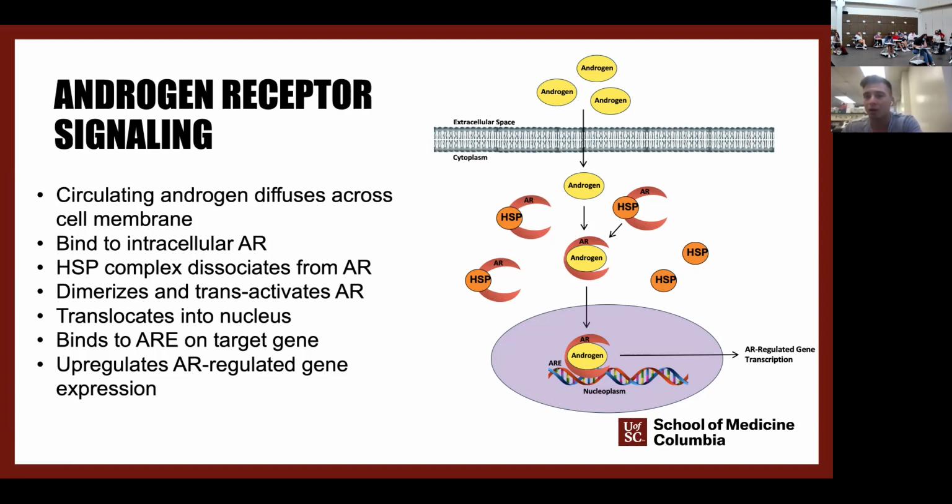There's a number of AR regulated genes, not super important for the sake of this lecture, but a number of them have to do with increases in muscle hypertrophy and increases in contractile proteins that are responsible for increases in contractile strength of the tissue, i.e. strength, right?